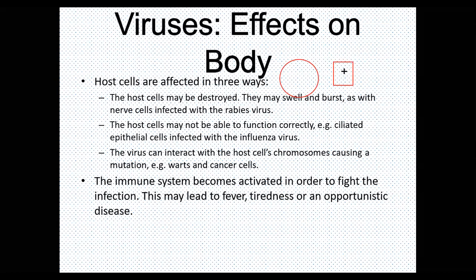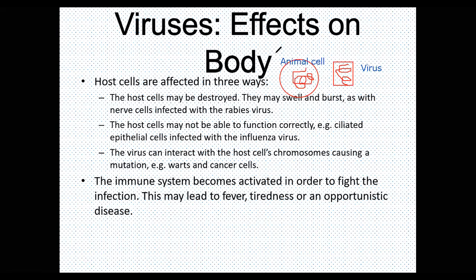Let's say this is a virus, and this is an animal cell. Inside the virus there is RNA. In the animal cell there is a chromosome inside the nucleus.